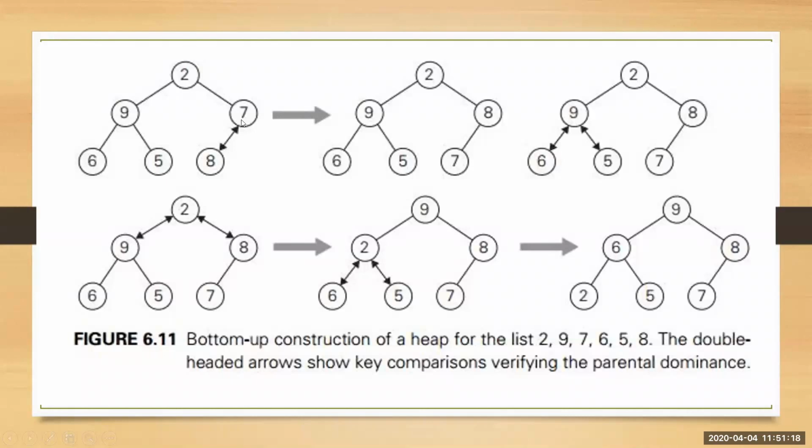That means you are checking whether that value, whatever multiplication you are doing, is the index of the child and whether that child index is less than or equal to n.